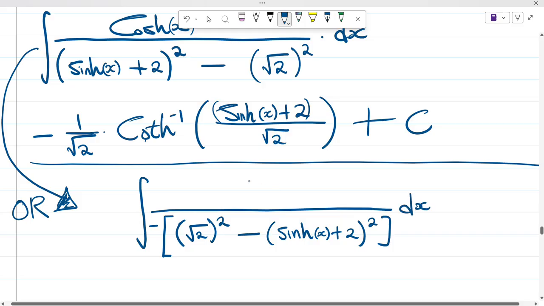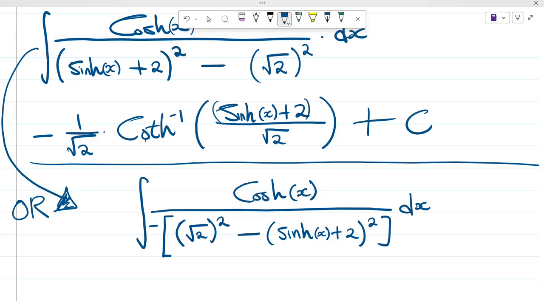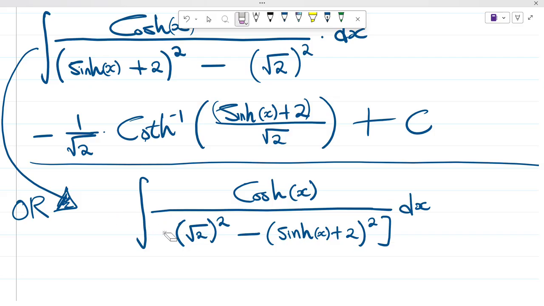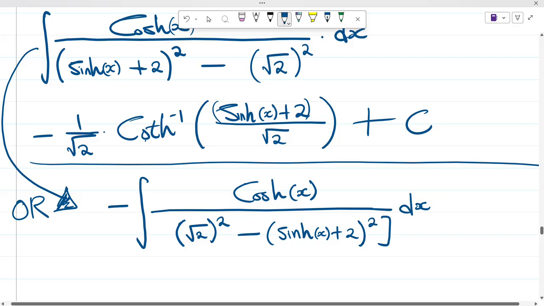You have your dx. You still have your hyperbolic cos of x here, then dx. And then after that, that person was going to take the negative outside the integral. So when you take the negative outside the integral, you're going to have that negative there. You remove the brackets. You understand?